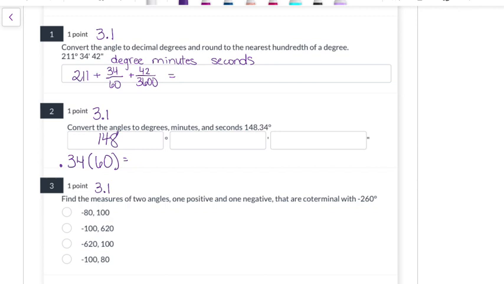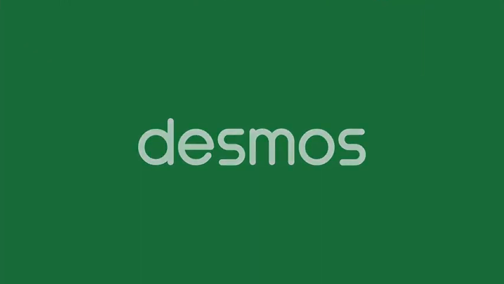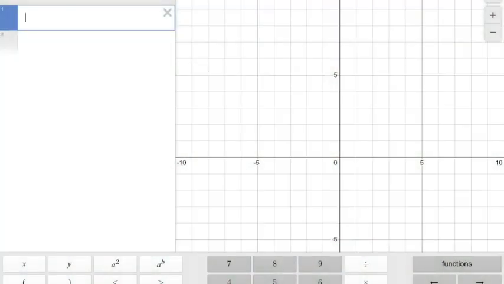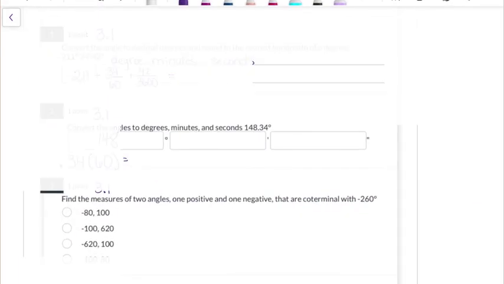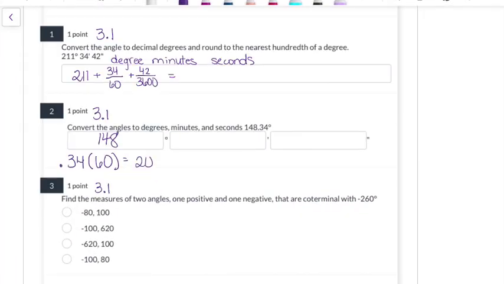You can use Desmos if you're not sure. So 0.34 times 60, that's 20.4. So that means that there are 20 minutes.